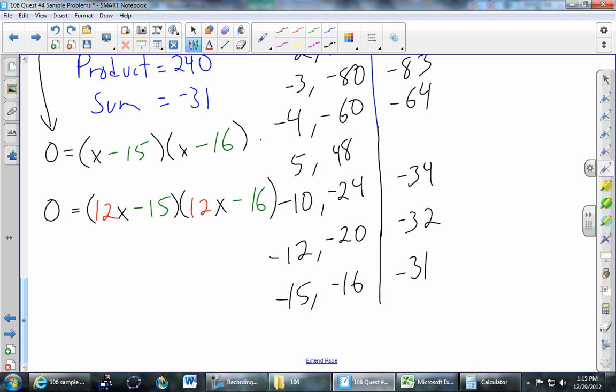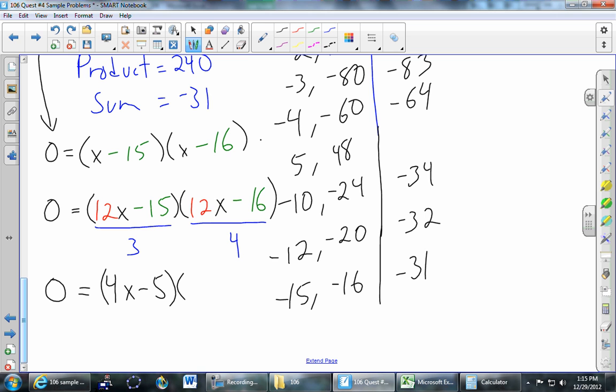And then this is the real funky part, where we divide each parentheses by its greatest common factor. So what number goes into 12 and 15? 3 goes into both. What goes into 12 and 16? 4 goes into both. And then I think we're just about done. So when we take that 3 and divide it into the 12, it gives me 4. 3 into the 15 is 5, so we get 4x minus 5.